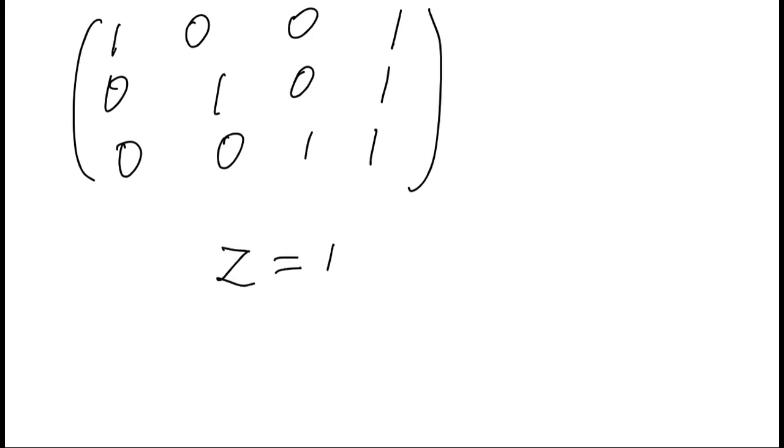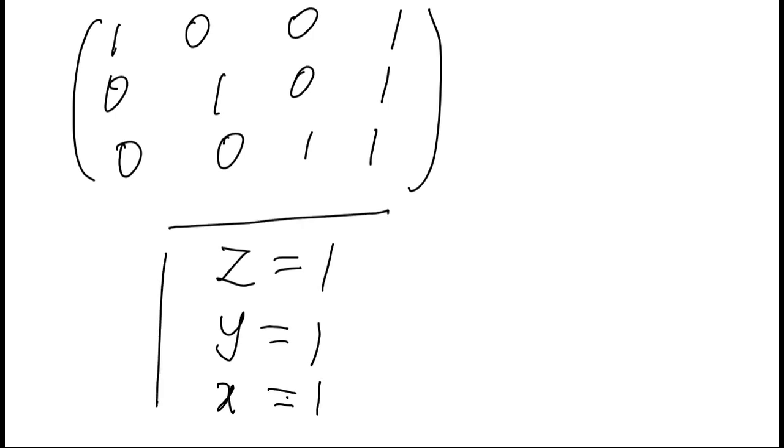So z is equal to 1. And what about this? This is the y coefficient. So I am writing y is equal to 1 because the x coefficient is 0 here, and the z coefficient is 0 here. And this is the x coefficient. So 1 into x, which is x, the remaining coefficients are 0. So x is equal to 1. So x, y, and z are 1 here.